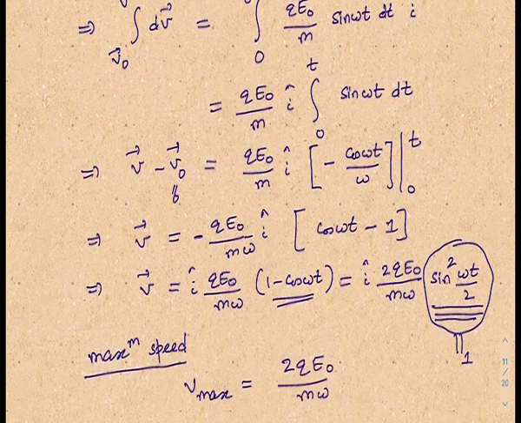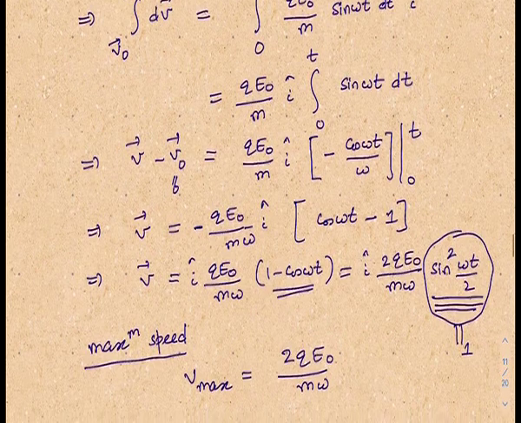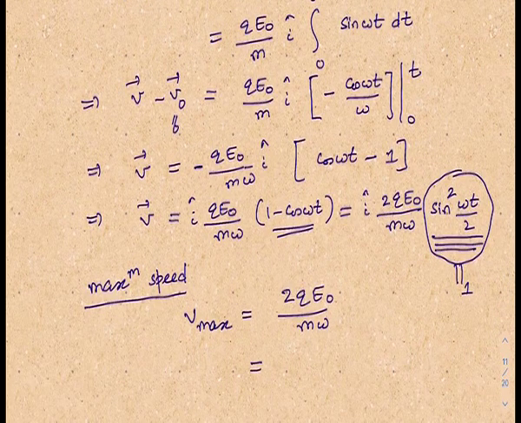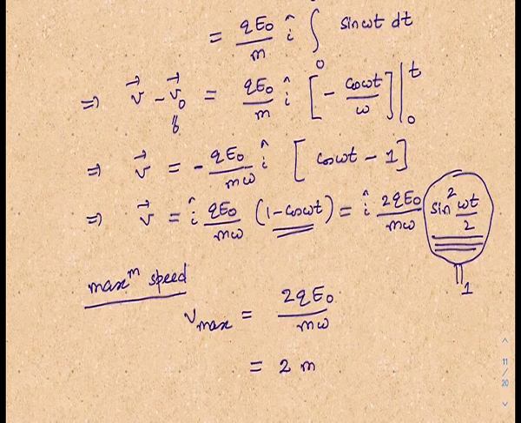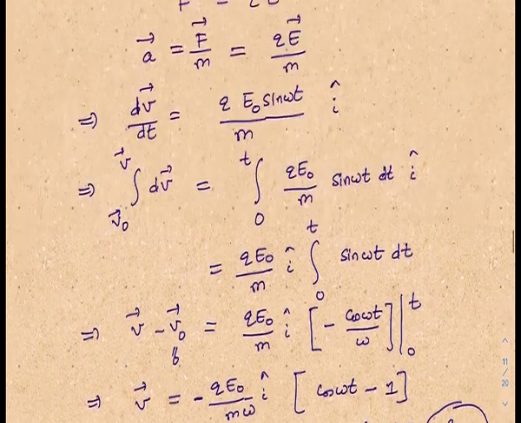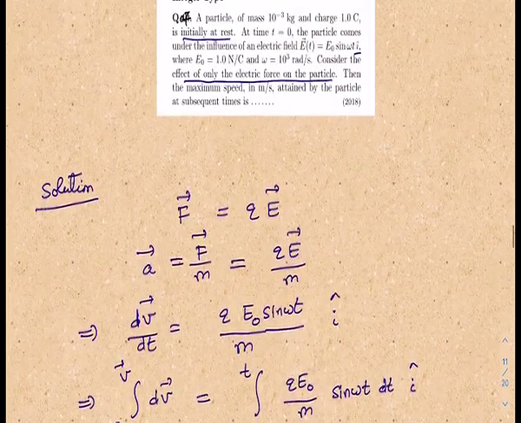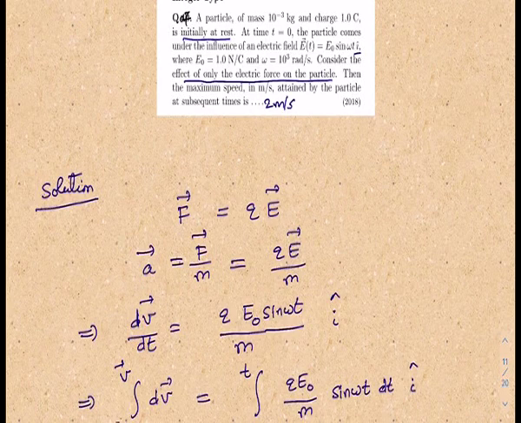Now all the values are given, and very friendly values. If you put in all the values in SI units, it turns out to be 2 meter per second. So the answer would be simply 2 meter per second.